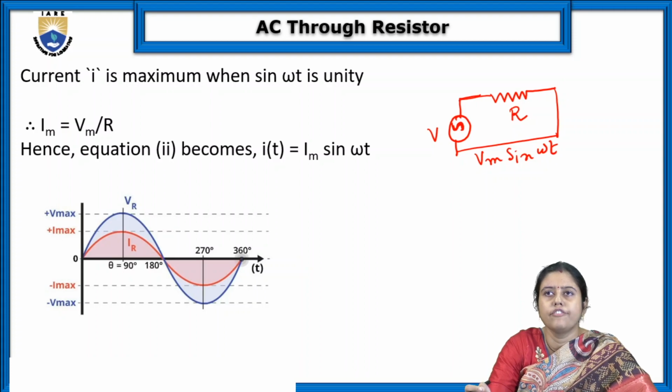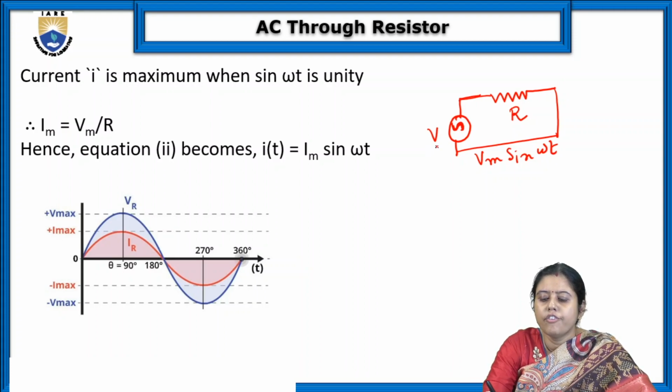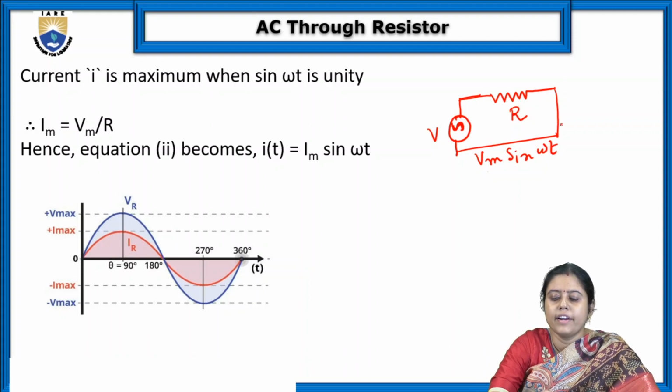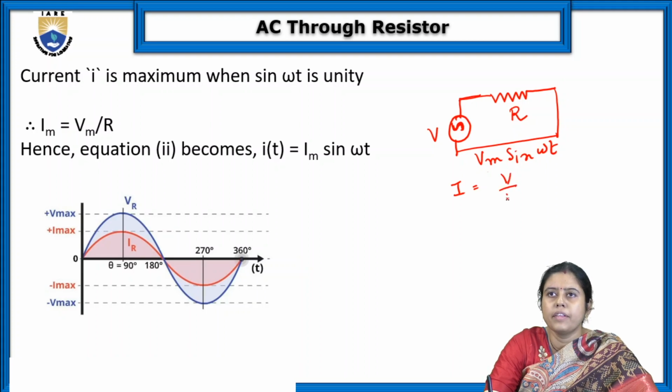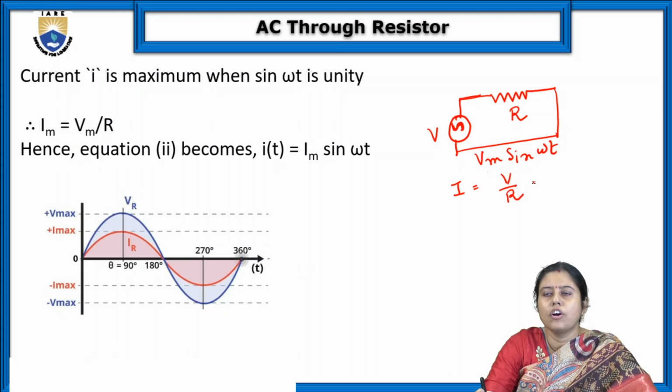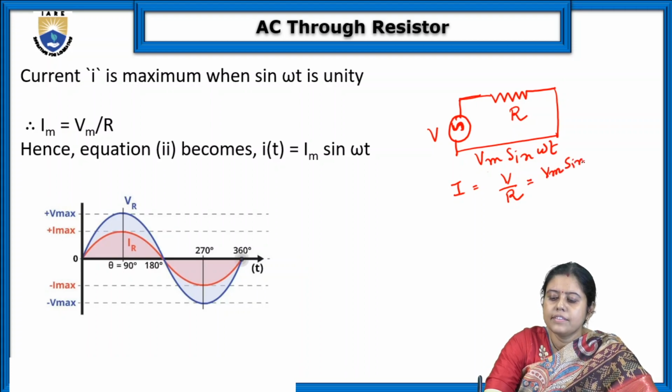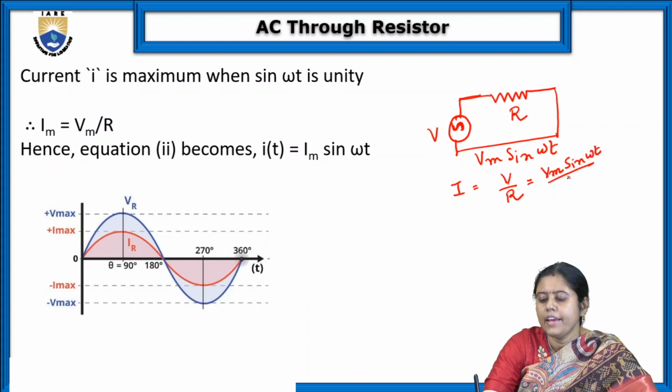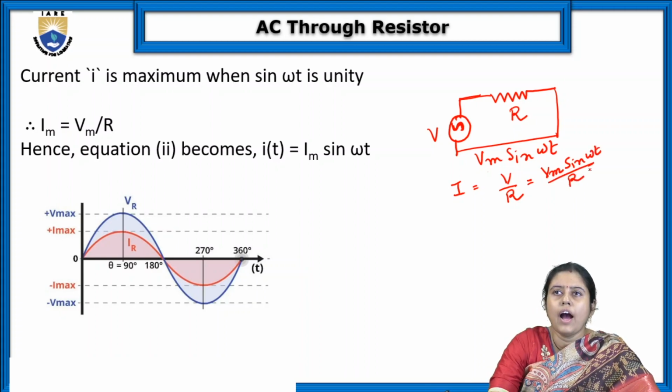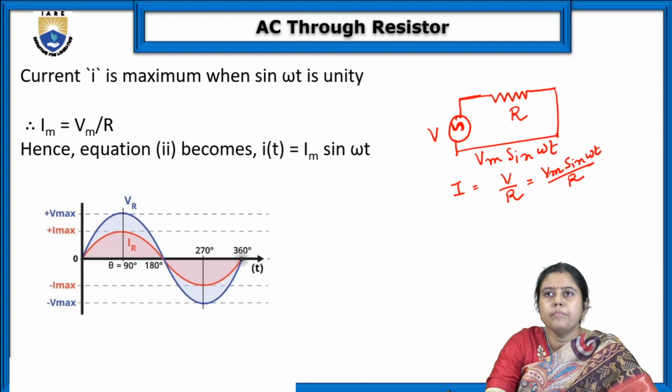There is no phase difference between the voltage and current. So if V is equal to Vm sin omega t, what is I? From Ohm's law, I is equal to V by R, so it will be Vm sin omega t by R.